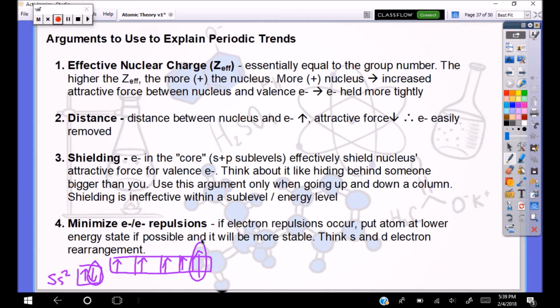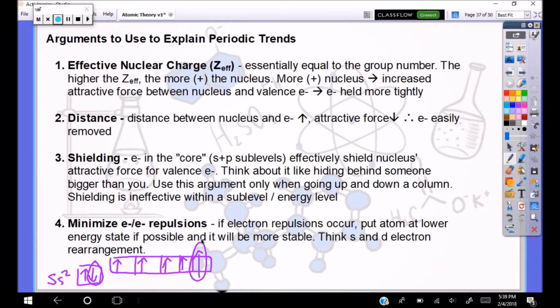The half-full d orbital, or the potential for a half-full d orbital or a full d orbital, is more stable, but that's not the reason why. The reason it's more stable for those exceptions that we're looking at, the anomalies, is because we are able to reduce our electron-electron repulsions in a farther away energy level.